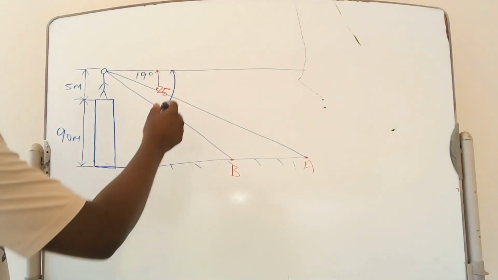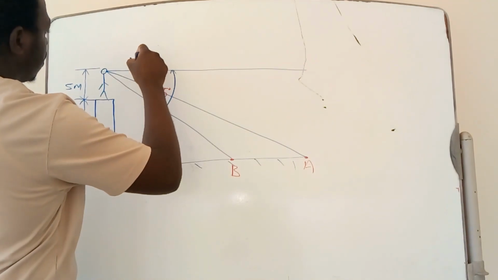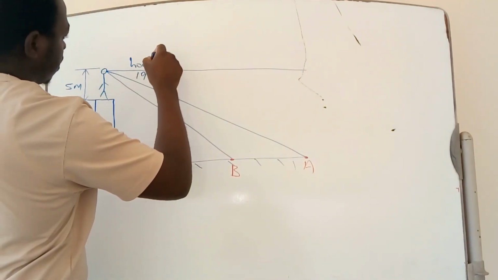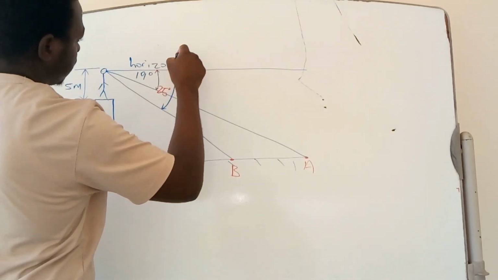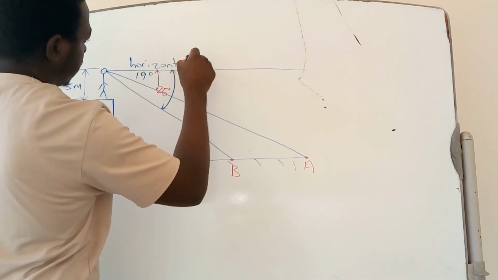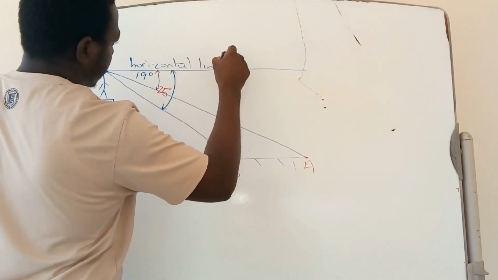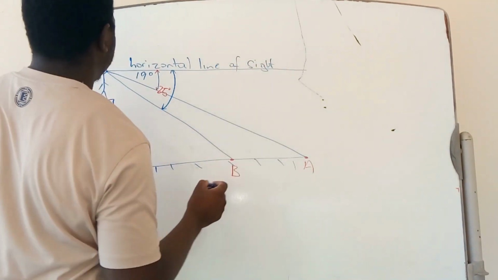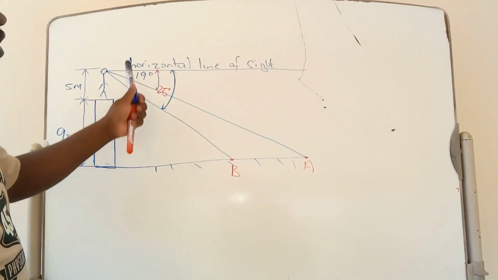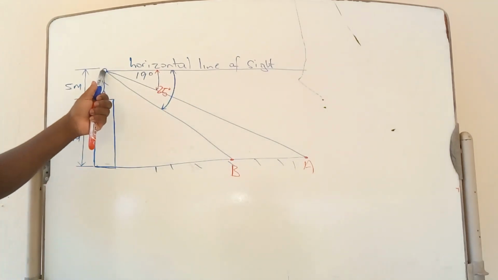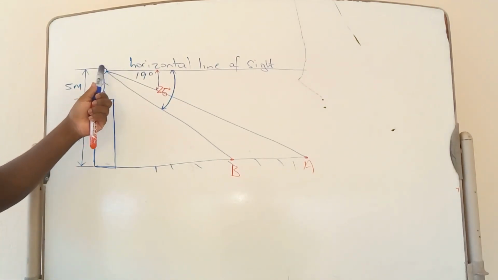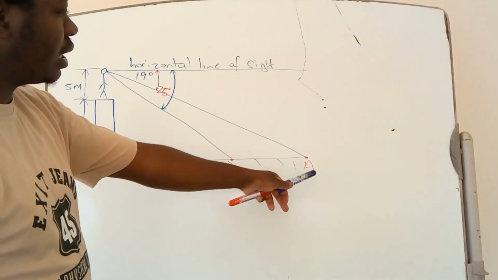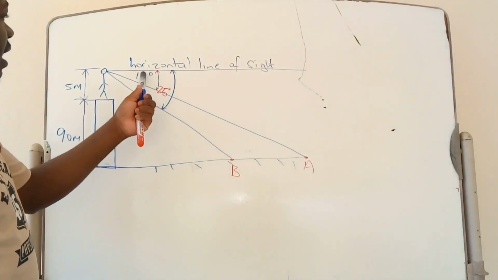So you know that this line would be your horizontal. Right? So this is your horizontal line of sight. So your angle of depression when you look down at the car at point A, that's 19 degrees.